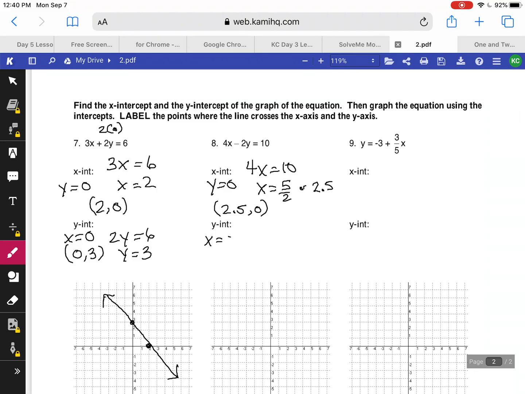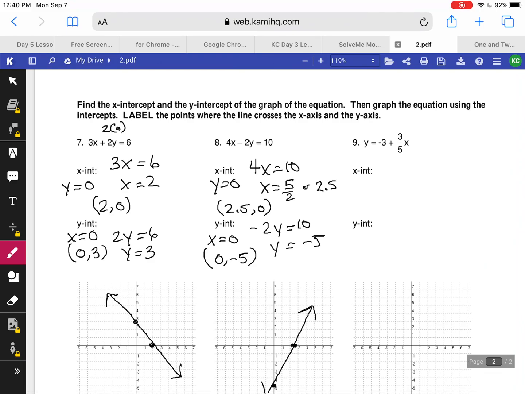And then, of course, x is equal to 0. So now here I have a negative 2y equals 10, y equals negative 5, and I have my (0, -5). I would go ahead and graph that. (2 1/2, 0), there's my x-intercept and my (0, -5) to create my line.